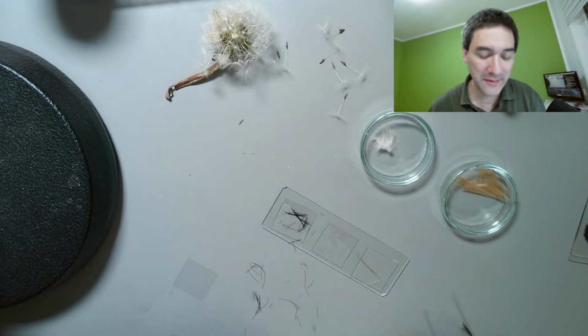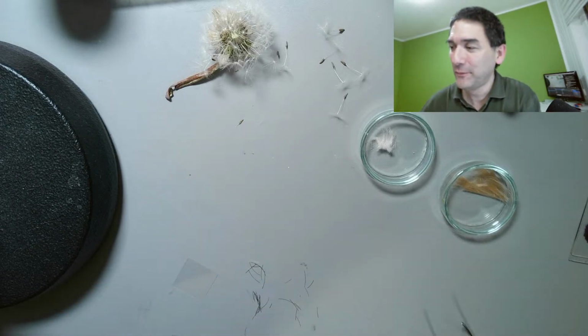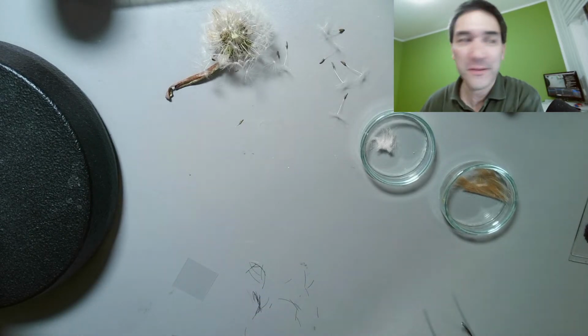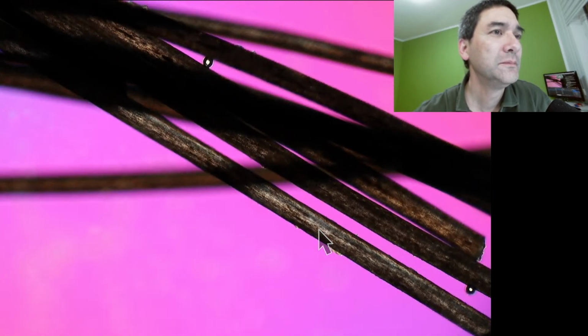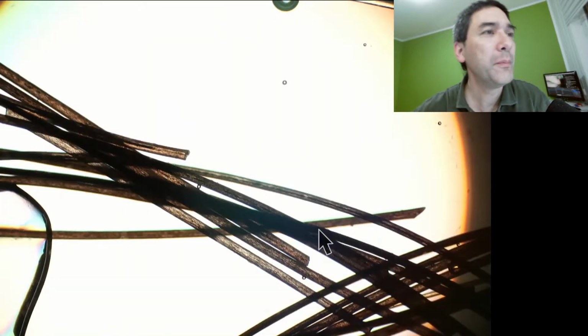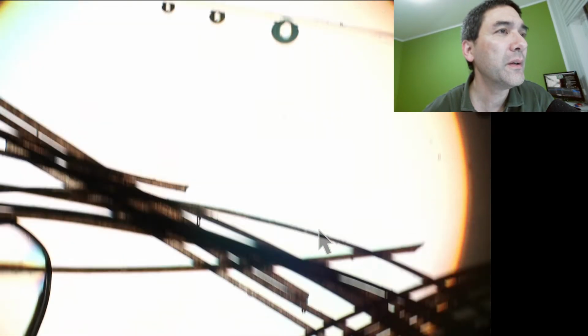If we're lucky, we're able to see now. That is now my hair. I don't know if I'm able to find it. Let's go down a little bit with the magnification. Here's a white hair, between the air bubbles.